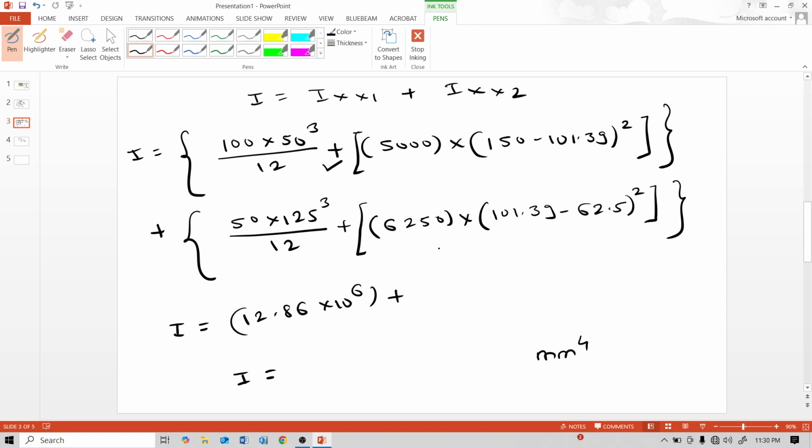Now plus this term: 101.39 minus 62.5 squared, multiplied by 6250, is 945270.63, and 50 into 125 cube divided by 12 plus this term 945270.63 is 17.59 into 10 raised to 6.